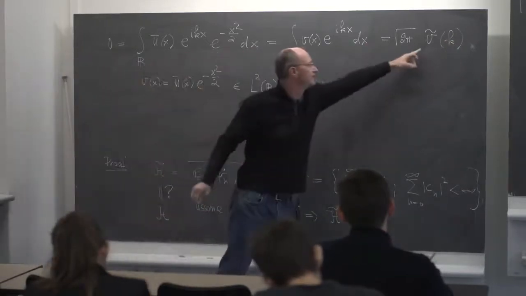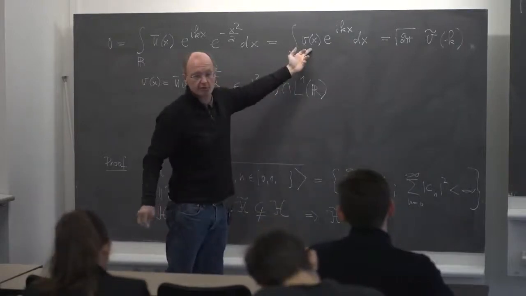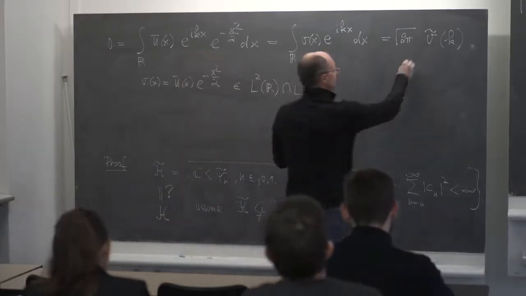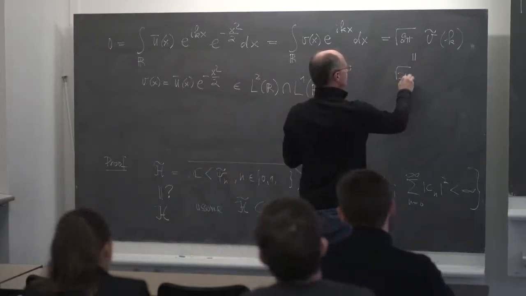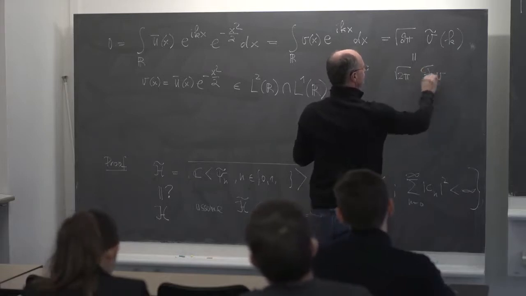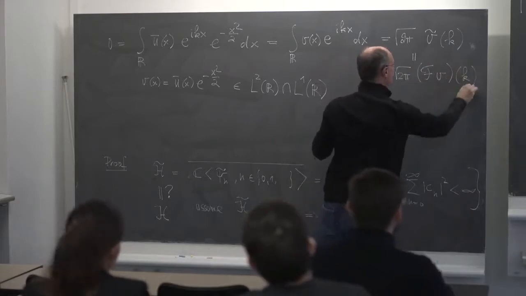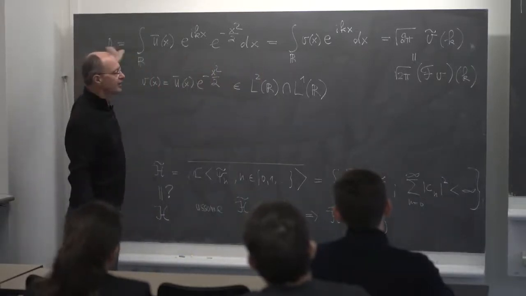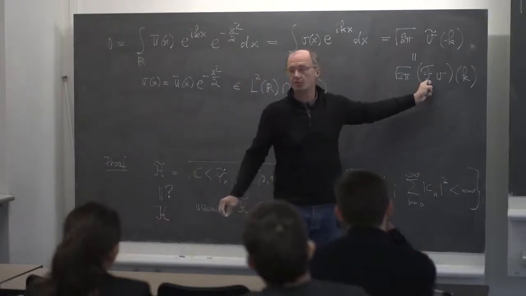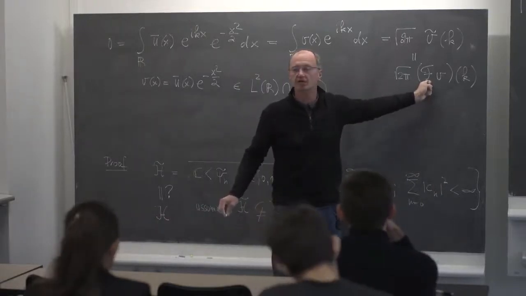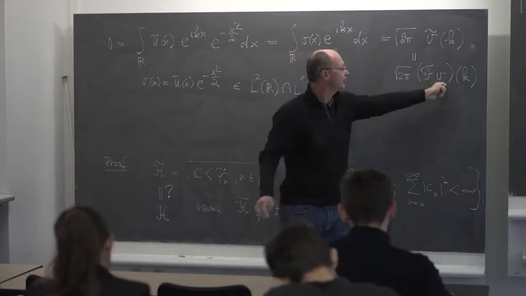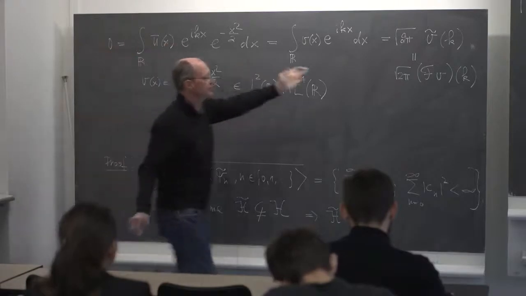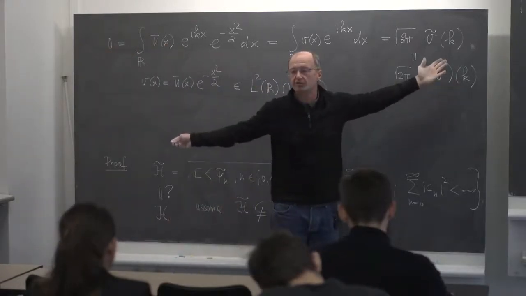And since this guy was also an element of L2, it coincides with the L2 Fourier transform. So this is equal to square root of 2 pi times the Fourier transform of v at k. Now this is equal to 0. But recall that the Fourier transform on L2 is a unitary operator. So the image of v under that unitary operator is equal to 0. But this means that v was equal to 0 to start with.